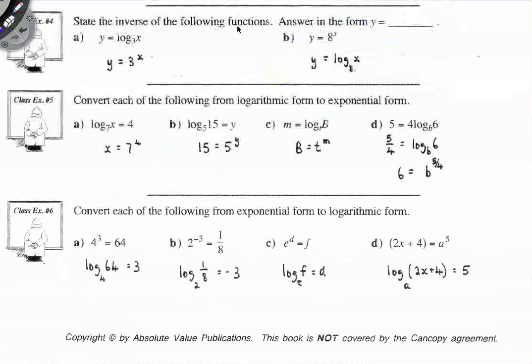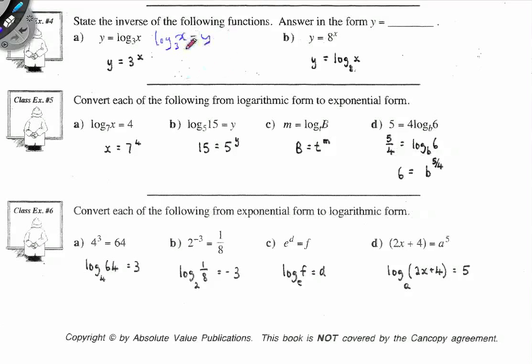State the inverse of the following functions. y equals log x base 3. And remember I told you if you need to convert, one way to write it is log x to the base 3 equal to y.